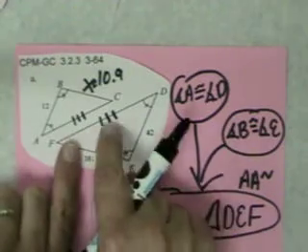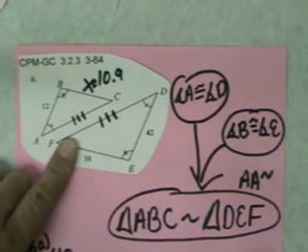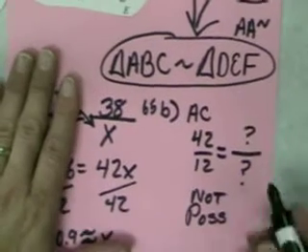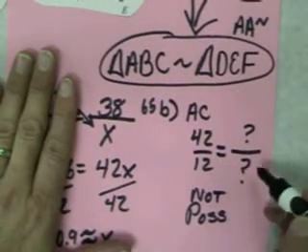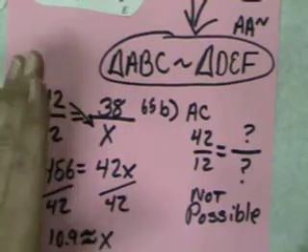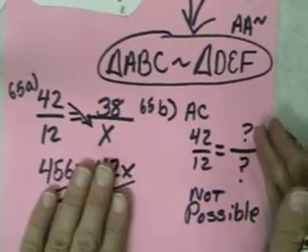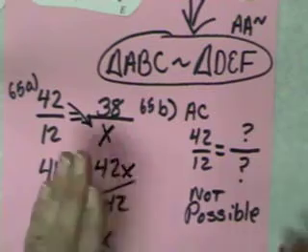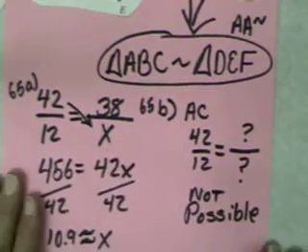But I don't have numbers on either of those. So if I start to set it up, 42 over 12 equals, I don't have a number to put on top or on bottom. So this one is not possible. And I have to have at least one of the two corresponding sides of the pair that I'm trying to find when I do that.